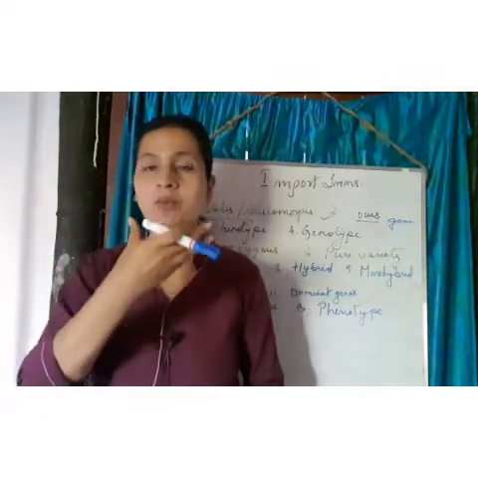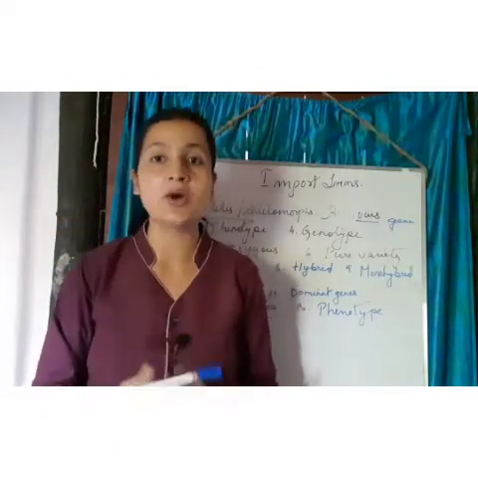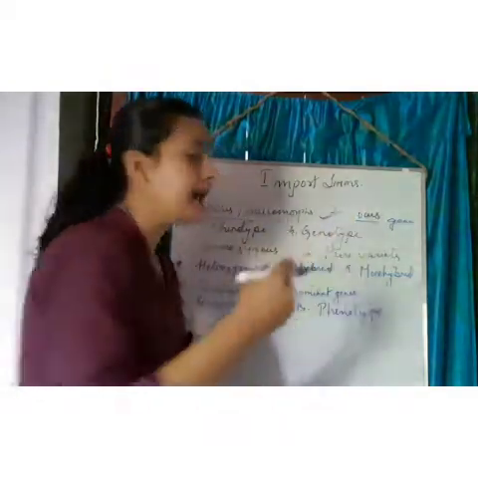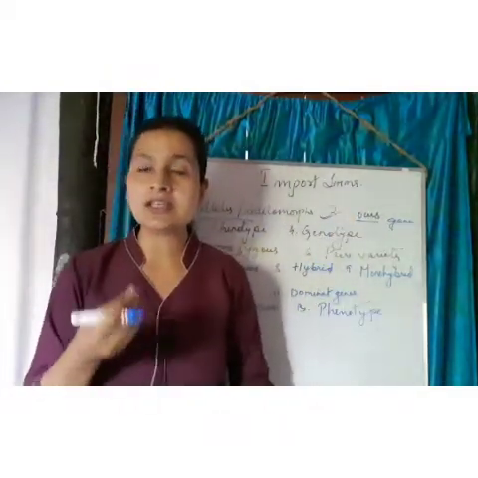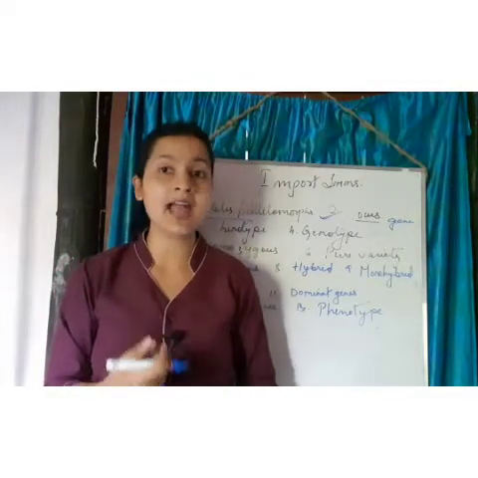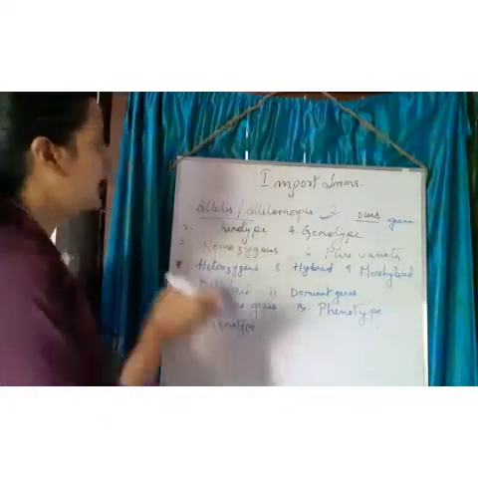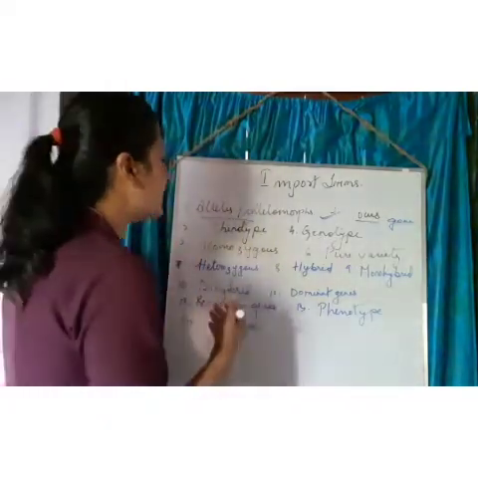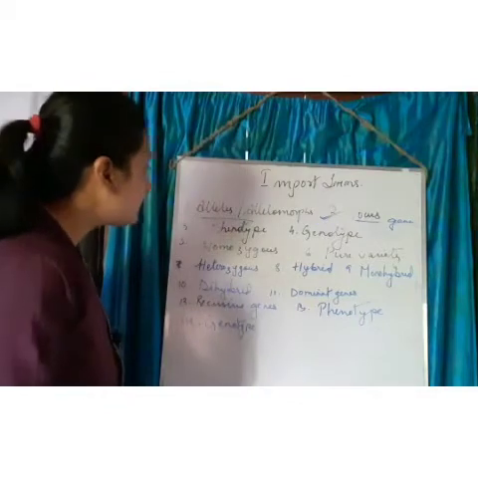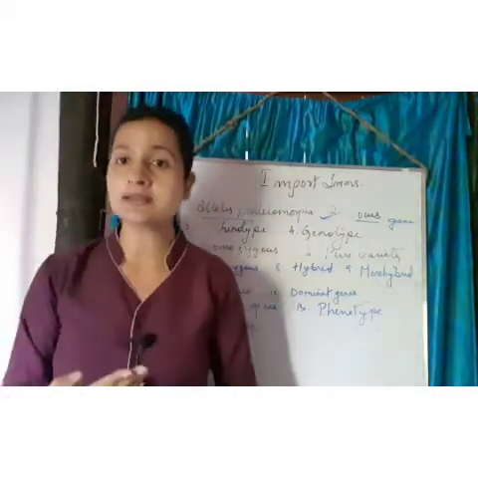This is my external appearance, and this external appearance is because of the influence of genes. Like I said, a gene is a unit of inheritance. It inherits the trait from parents to their offspring, correct? And phenotype is the external appearance of an offspring which is expressed because of the influence of genes.